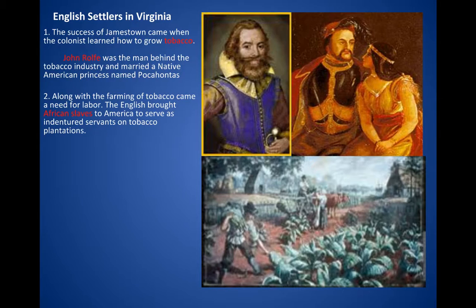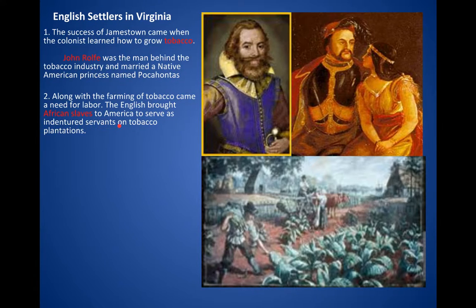So the English brought African slaves to America to serve as indentured servants on tobacco plantations. They were growing lots of tobacco. There's a picture down here of tobacco fields. They needed people to work the fields, so they brought people from Africa to be slaves and work as indentured servants.